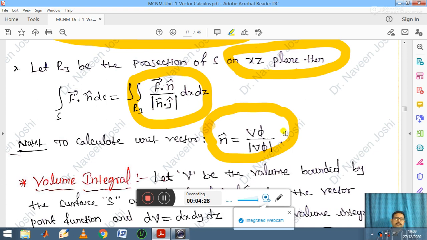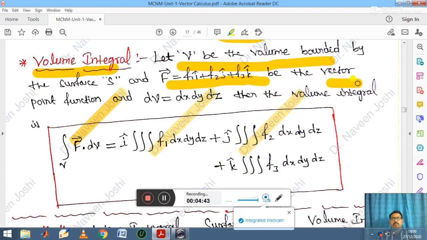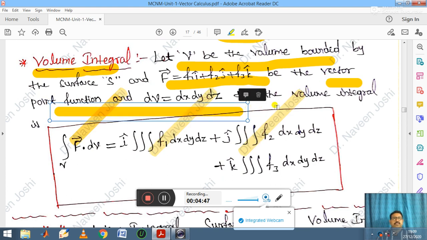Del phi refers to the gradient of a function. Next, volume integral. Let V be the volume bounded by the surface S, and f equals f1 i plus f2 j plus f3 k be the vector point function. Okay, and dv equals dx dy dz.